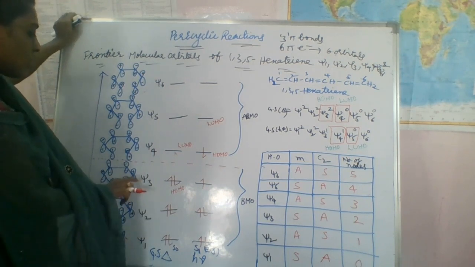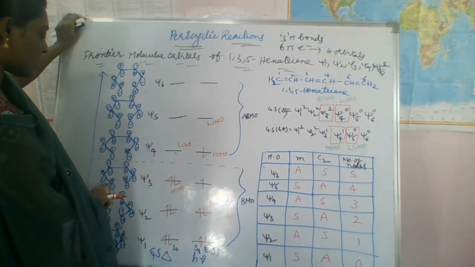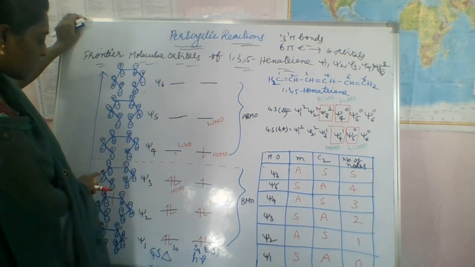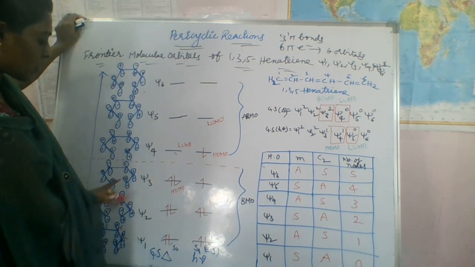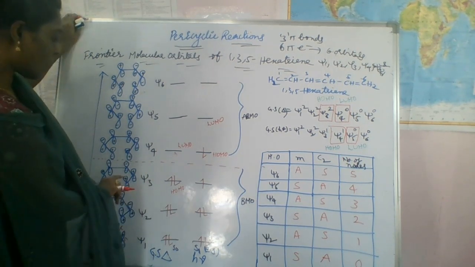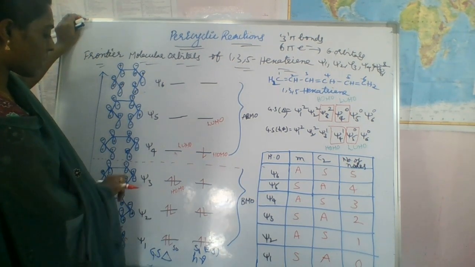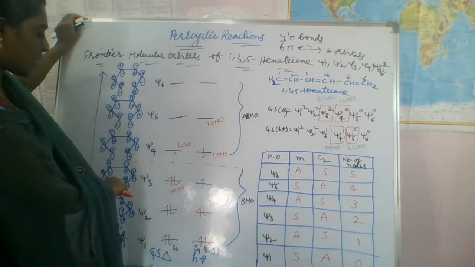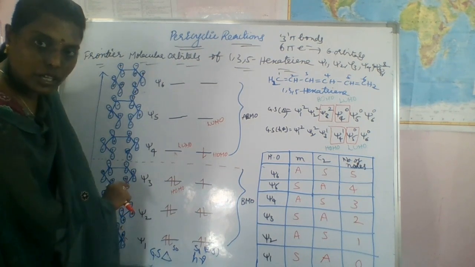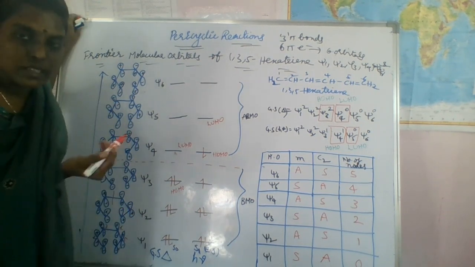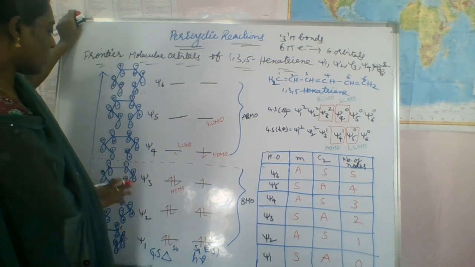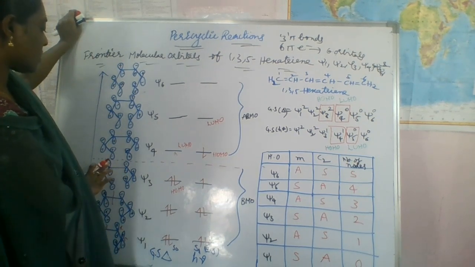Like that, psi 3. See here, plus is there, here plus, minus, here plus. If you compare, this is a plus sign and this is a plus sign, so there is no node. This is also no node because these have the same signs. If the signs are the same, there is no probability of a node.